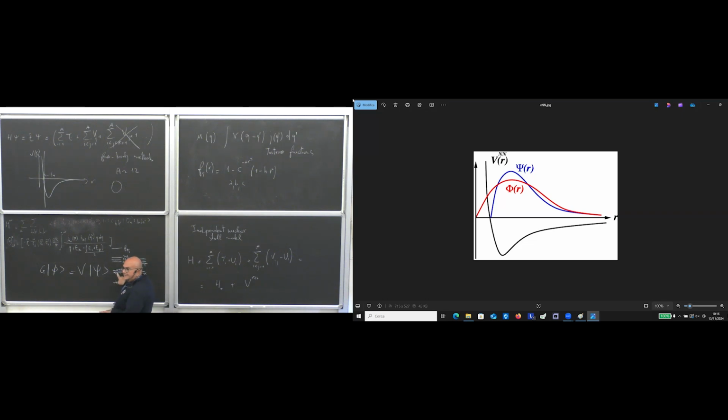Namely, oxygen 16. Then you have this as a reference state, the core. Then you start to construct a series of particle-hole excitations. Let's say there is a particle that leaves the p1/2 and jumps inside the d5/2, or whatever. Okay?